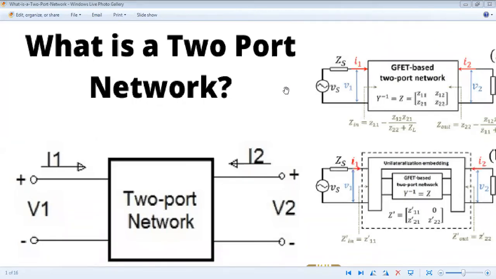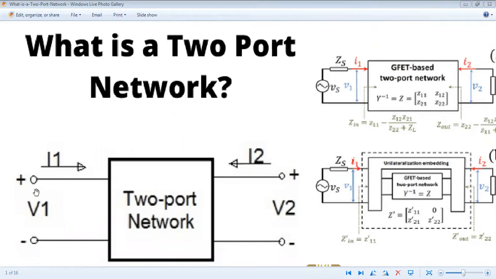But before performing the ABCD parameter on our experimental kit, all of you should know what a two-port network is. I am repeating again: a two-port network is an electrical network, circuit, or device with 2 pairs of terminals.